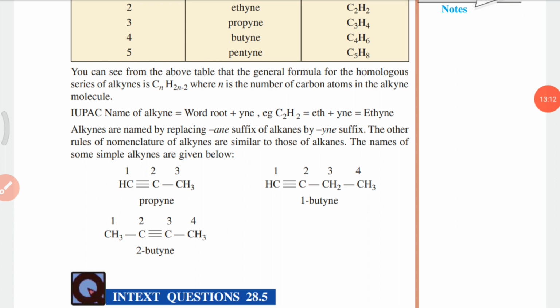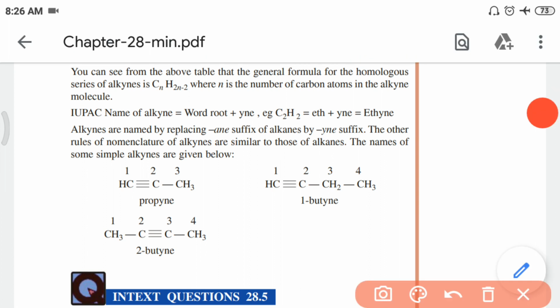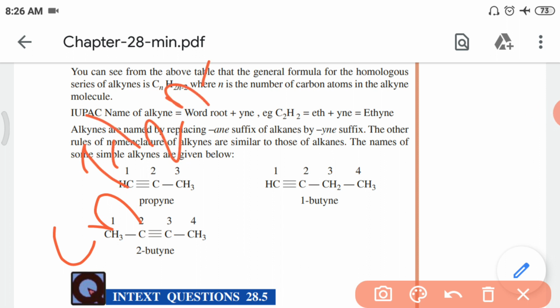For remembering the homologous series of alkane, alkene, and alkyne, it is very simple. The general formula is very simple. We know the general formula for alkane is CnH2n plus 2. For alkenes, we can remove this 2, so it is changed to CnH2n.